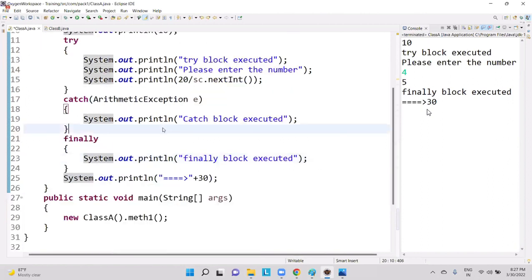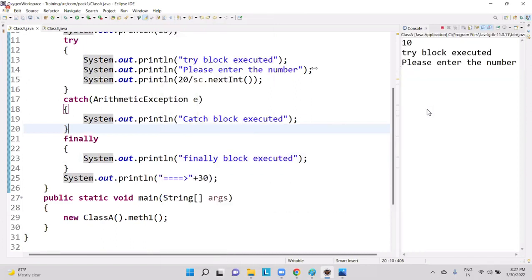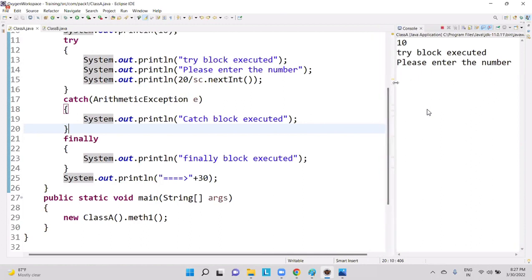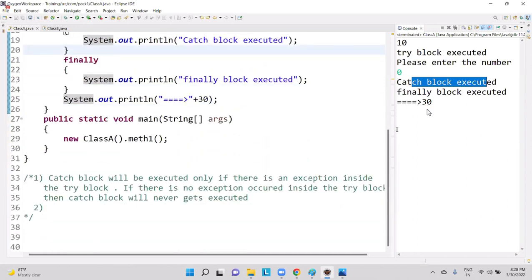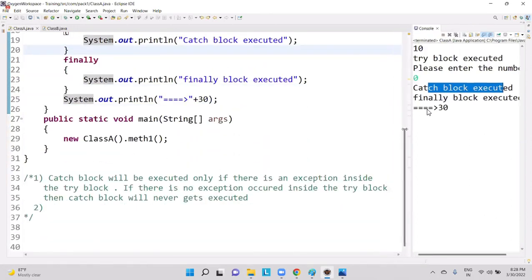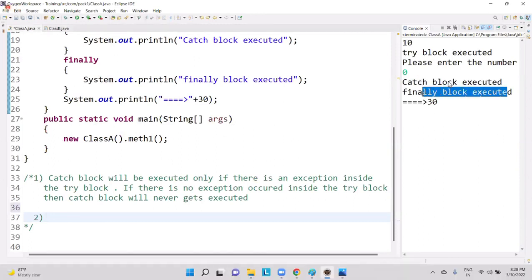Okay. Now, let me just try to generate an exception. If I want to give an exception, I'm trying to give 0. Now, guys, is catch block executed or not? Yes, just now, that's what I told you. And what about finally block? Finally block also is getting executed.